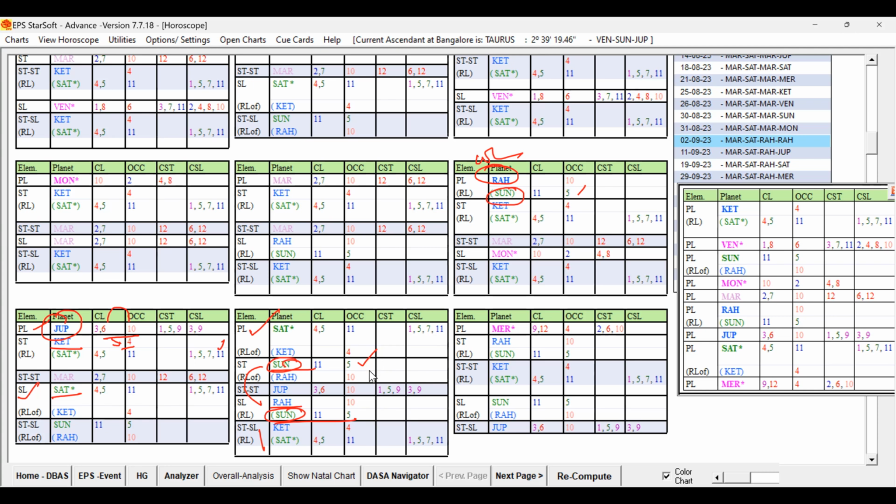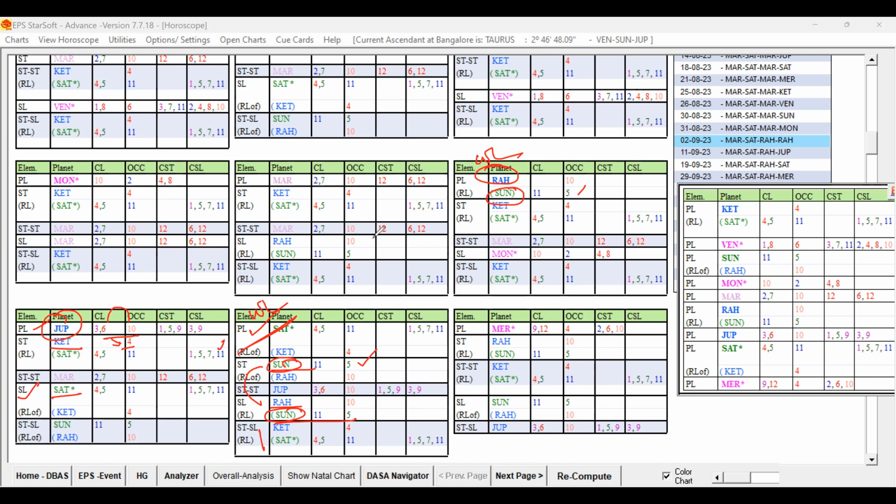Suppose star lord is okay, but the sublord planet is again the same planet representing Rahu. So the same thing is only repeated and not connecting to Saturn. That is the only issue it is having. Anyway, we will keep it in the waiting list, and during the comparative study, we will study Rahu and Saturn.